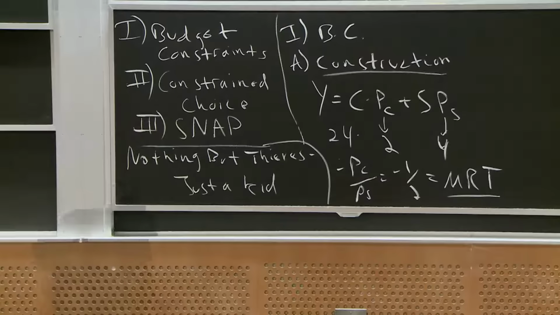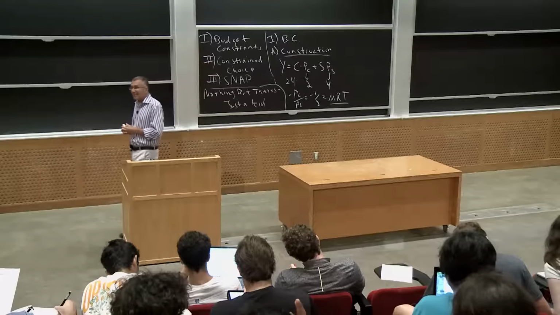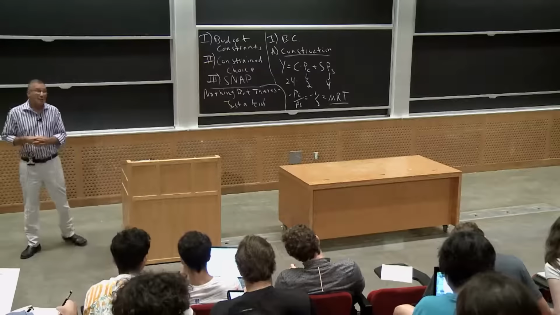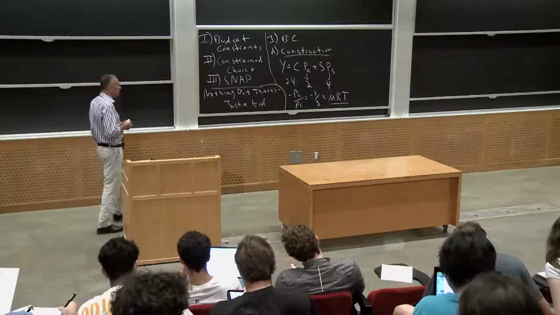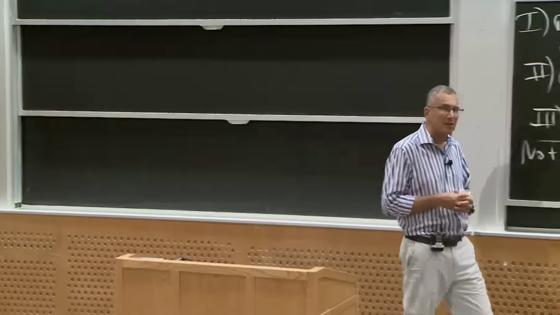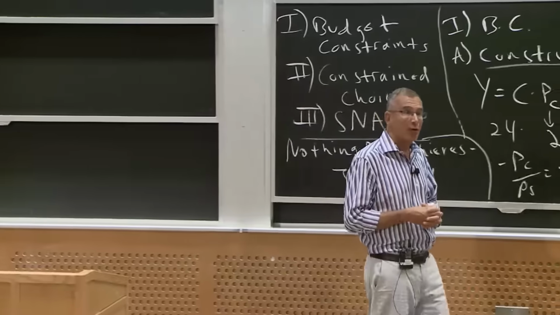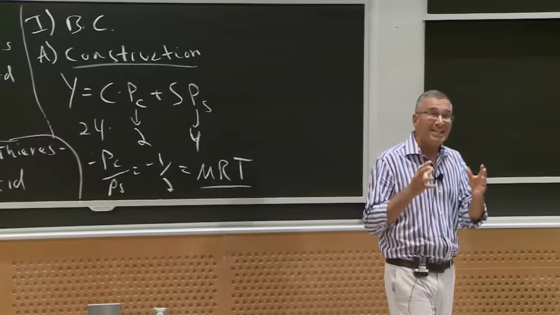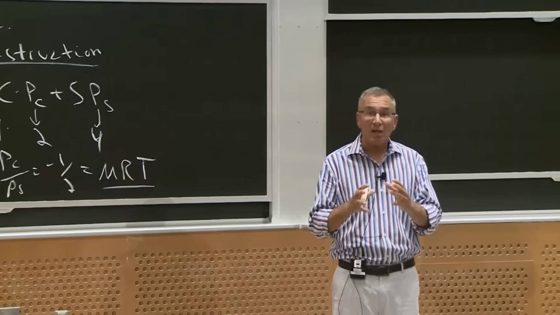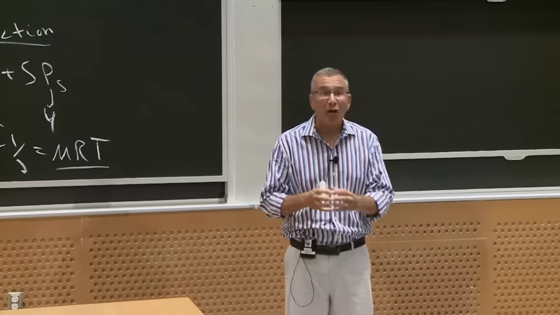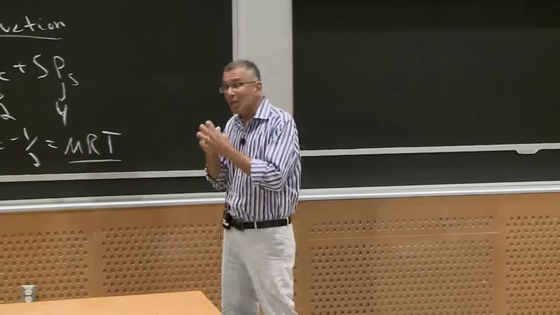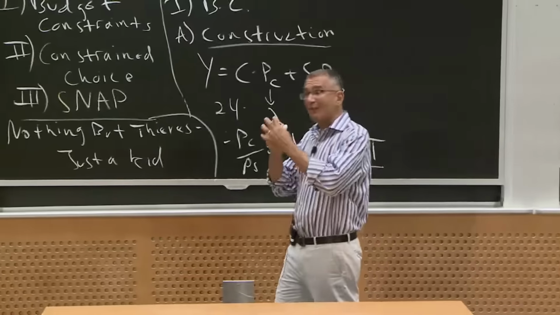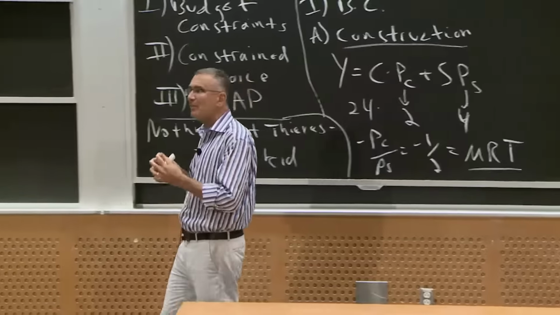This is the marginal rate of transformation. This is the rate at which you can effectively transform cookies into a slice of pizza. This is not a course about alchemy. We're not going to teach you how to transform cookies into pizza. But given these prices and your income, opportunity cost dictates that every time you eat a cookie, you effectively are eating 1/2 fewer slices of pizza.